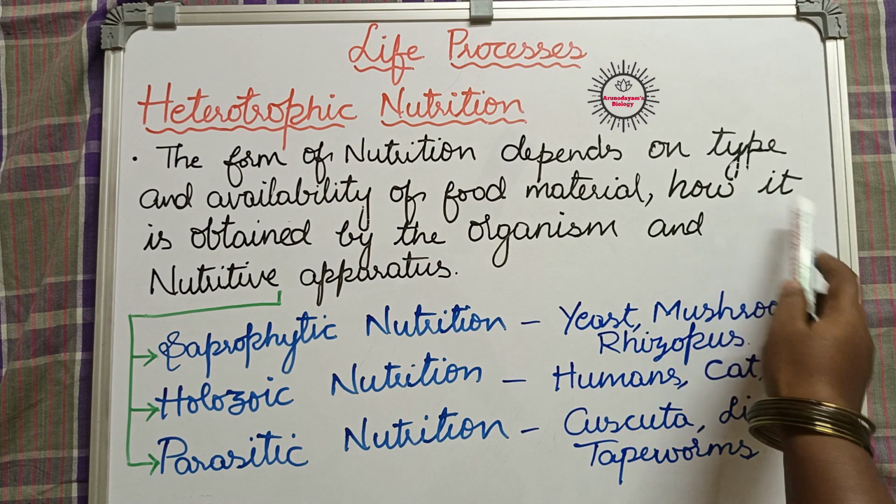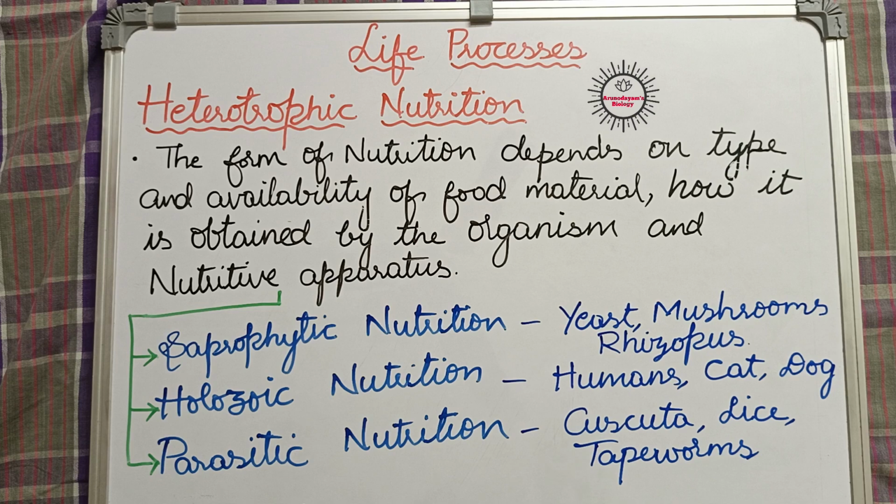Third factor is how that food is obtained by the organism. Sometimes the food source may be stationary, just like grass. Some food sources are stationary, they can't move by themselves, for example grass plants. Some animals feed on stationary food sources like cow, buffalo, giraffe. All these feed on stationary food sources like grass plants. While some food sources are mobile in nature, that means they can move by themselves.